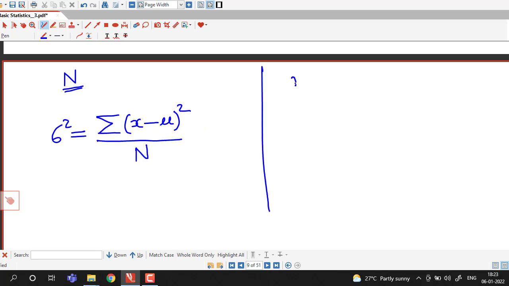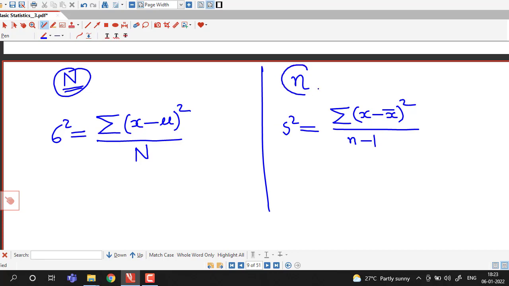And if we have a sample with small n number of observations, then sample variance for ungrouped data is given by sigma (x minus x bar) whole square divided by n minus 1. So these were the formulas for population and sample variance in case of ungrouped data.